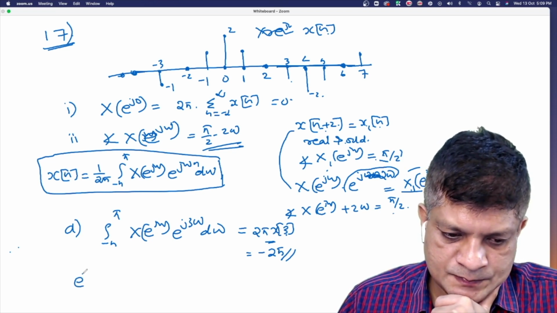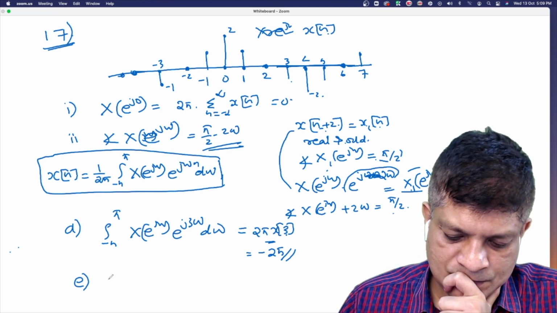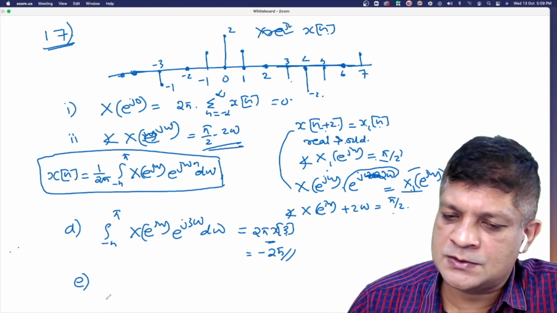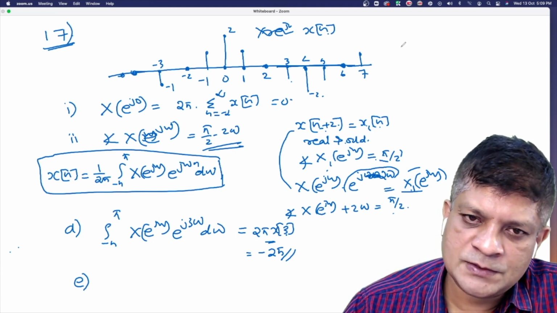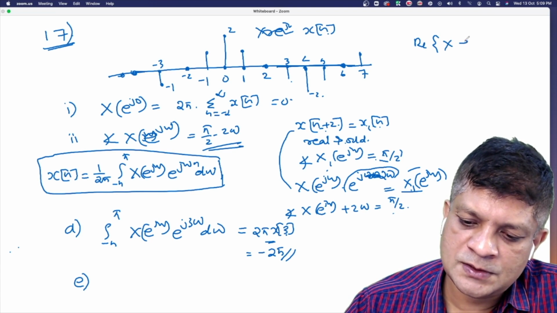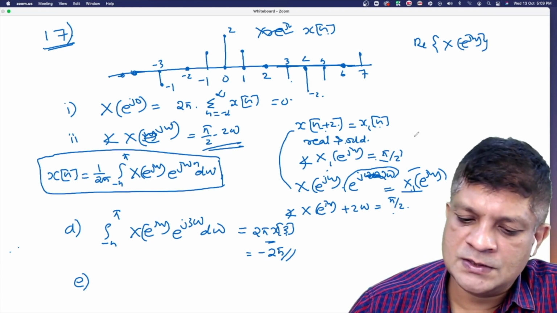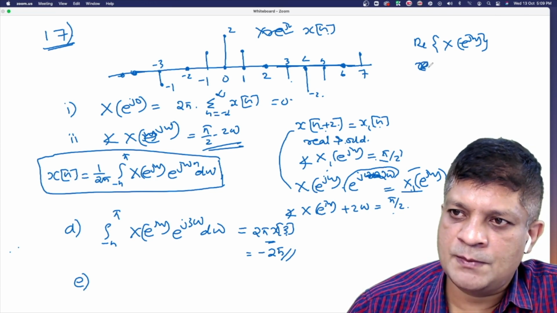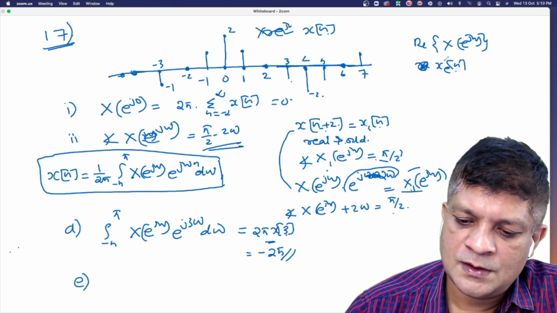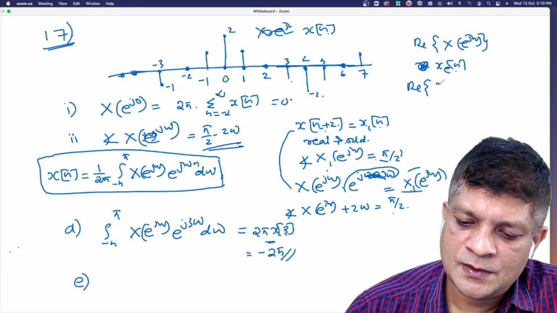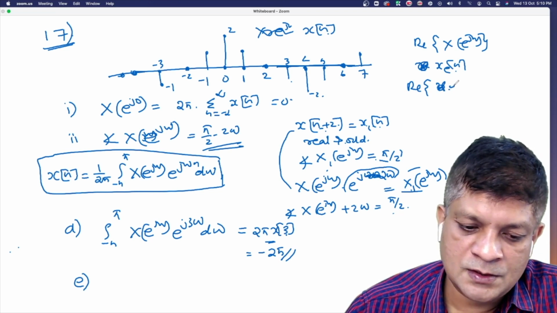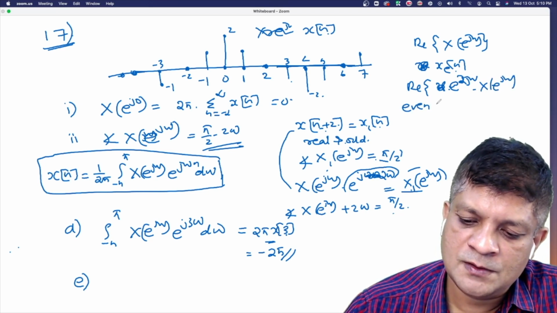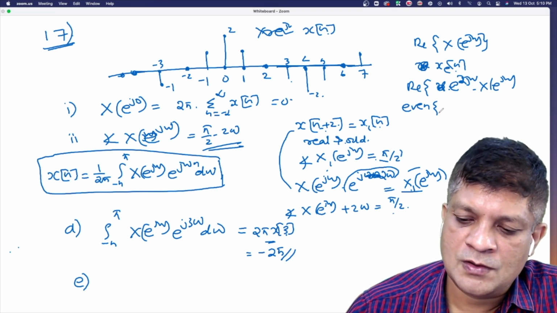Now what about this part? What is the inverse Fourier transform of the real part of e^{j2ω} X(e^{jω})? If x[n] is real, the inverse Fourier transform of the real part of X(e^{jω}) is the even part of x[n].